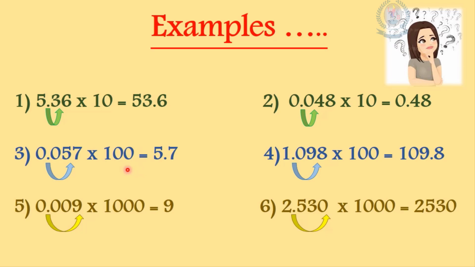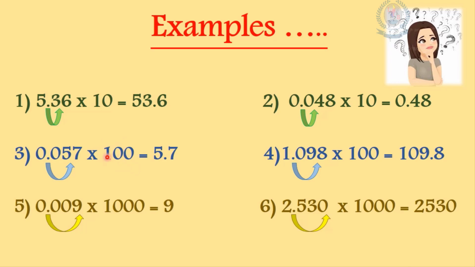Third example, 0.057 times 100. Here we have to multiply this decimal by 100. That means we have to take the decimal place to right hand side by 2 digits. Why is that? Because here 100 has 2 zeros. Just remember this one.